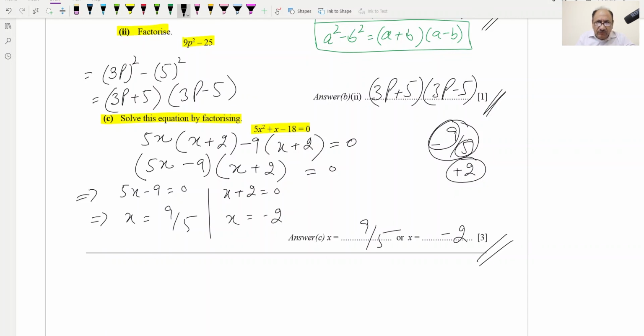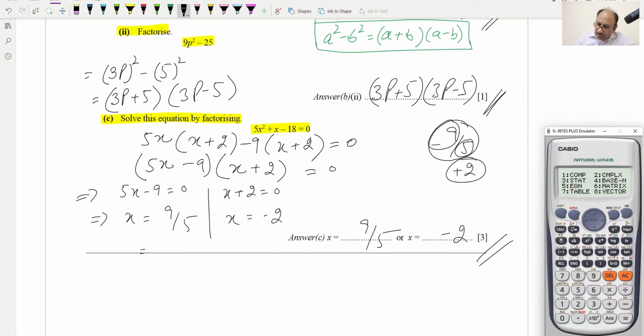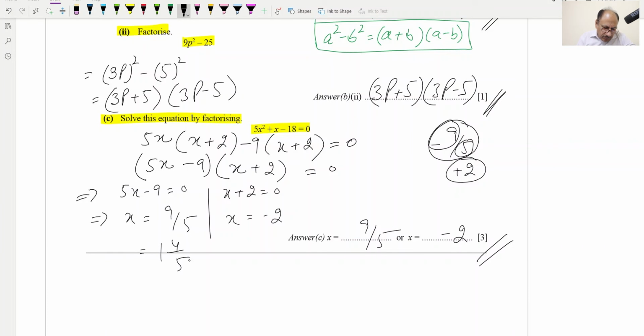And 9 by 5 you can basically change into a mixed fraction also, or a decimal value. If you want to change, 9 divided by 5 will be equal to this one, and for the mixed number you can use the calculator, 1 whole 4 by 5. This can be the answer, or you can write 9 by 5. So I will write the mixed fraction like this one.